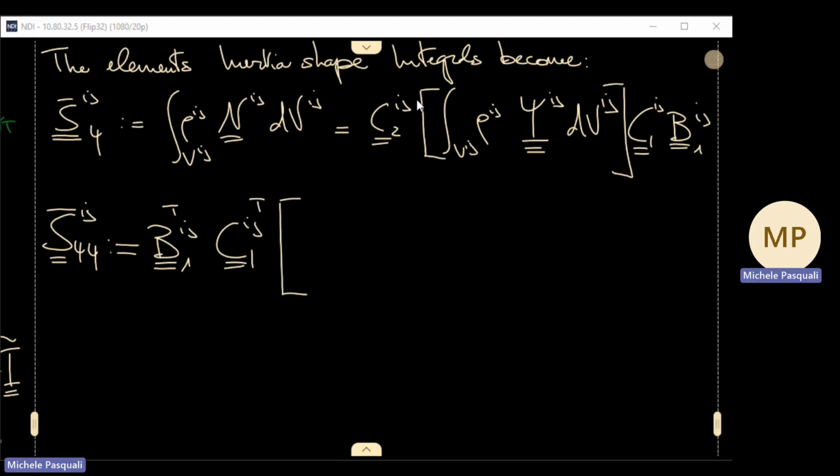Applied over the integral over the volume Vij of the density psi ij transpose applied over I, and this is the vector that we were defining before.